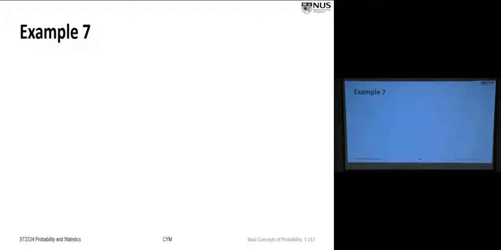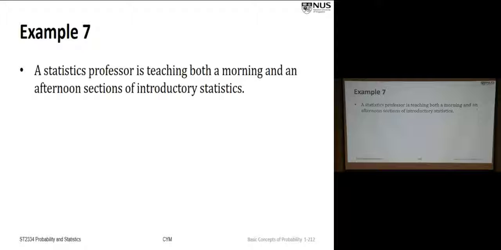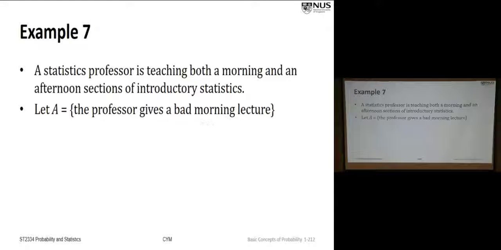Okay, so let's look at this example 7 on page 212. Example 6, you can read it yourself. Now, this statistics professor teaches both morning and afternoon sessions for an introductory statistics course.